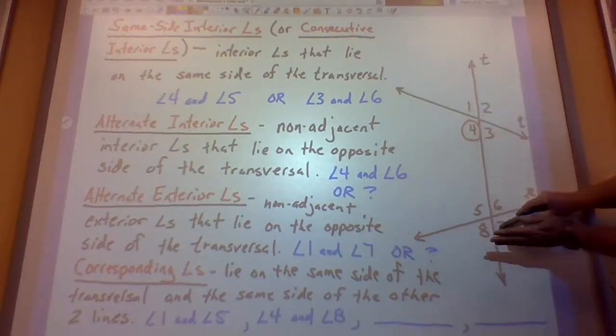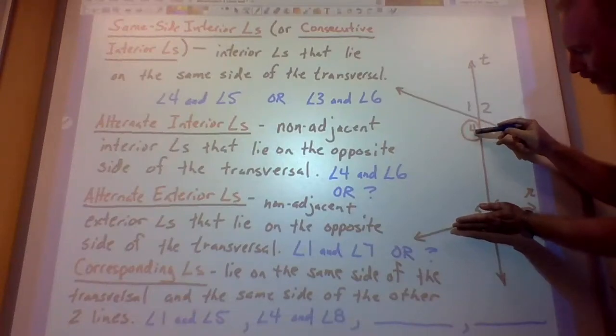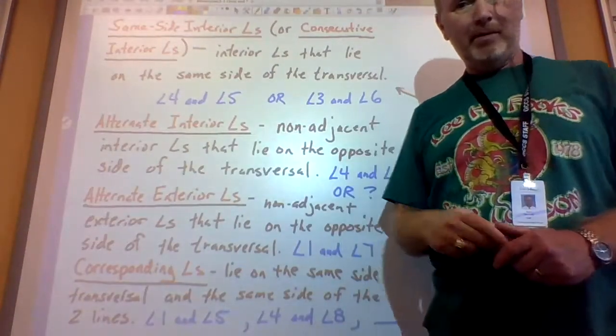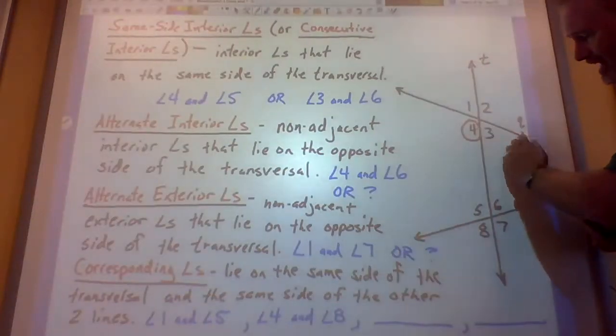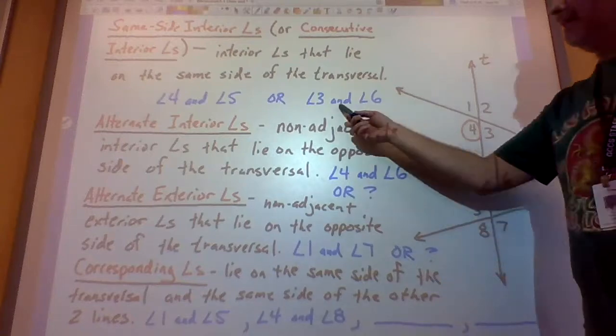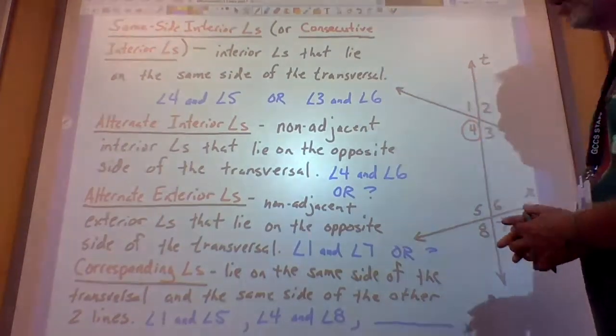So here's the transversal, and the only one who meets all those requirements with 4 is 5. So angles 4 and 5 are same side interior buddies. And then on the other side of the transversal, 3 and 6 would be same side interior buddies. Does that make sense? Probably, I hope.